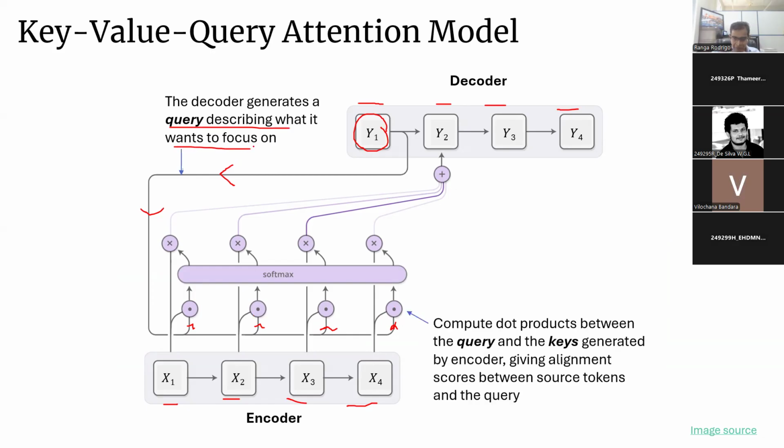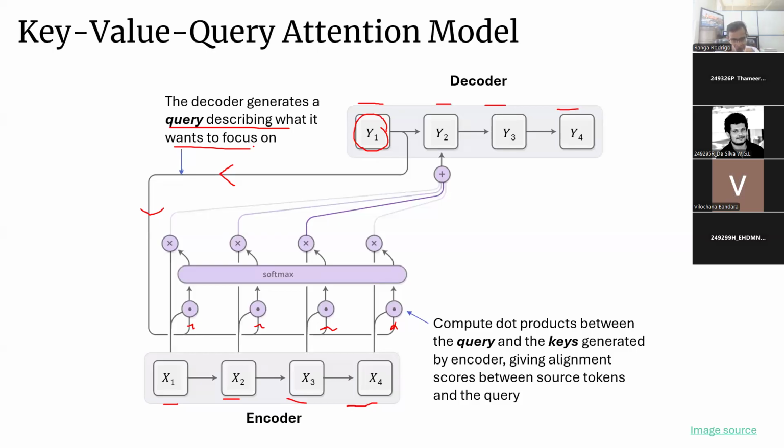Now it computes a dot product between the query and the keys generated by the encoder, giving alignment scores between the source tokens and the query. We know that when you take the dot product between two things, it says the similarity, the weight of the similarity. The query and the keys, we will look at in more detail in a later slide.